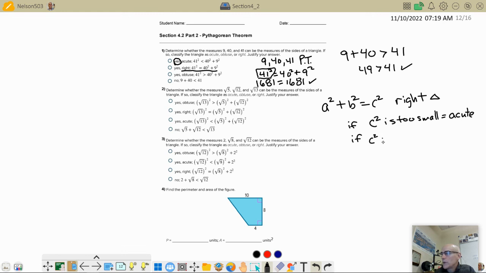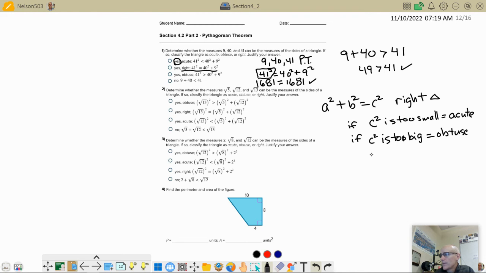If c squared is too big, then we have an obtuse triangle. Obtuse triangle, meaning the angle where the right angle would be is bigger than 90 degrees. If too big, then we've got an obtuse triangle.